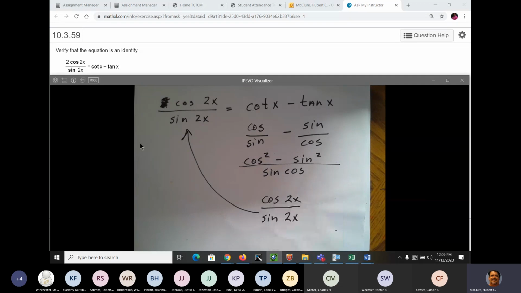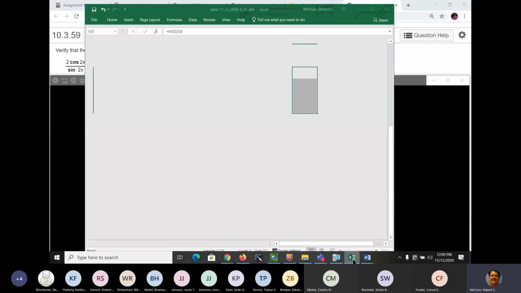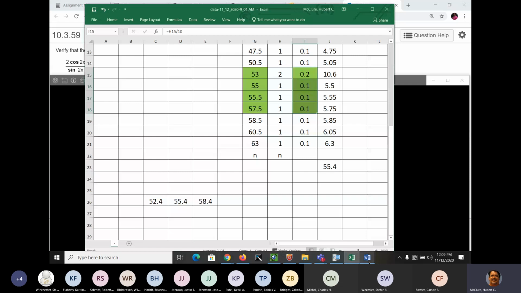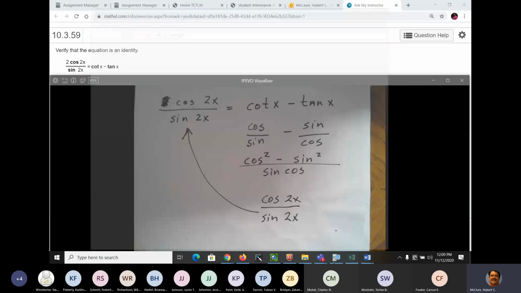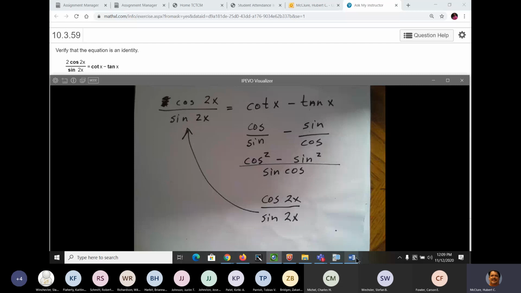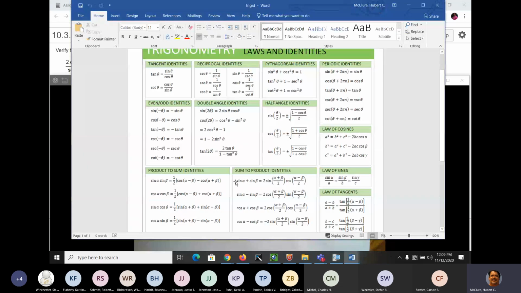I don't know how they get the 2 there though. I must have done something wrong because hold on a second. Let me pull up. That's not what I want to pull up. Oh, there it is. 2 sine. There it is.